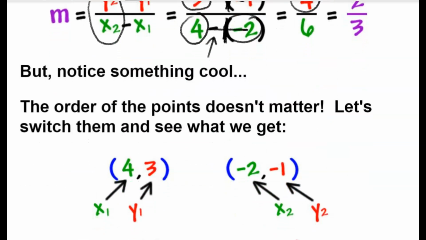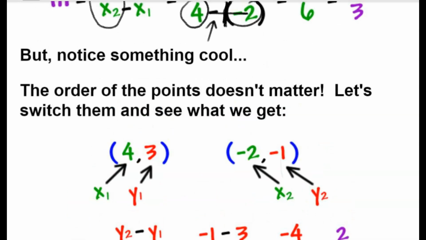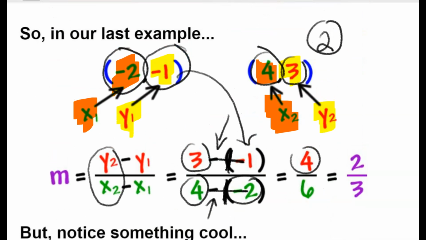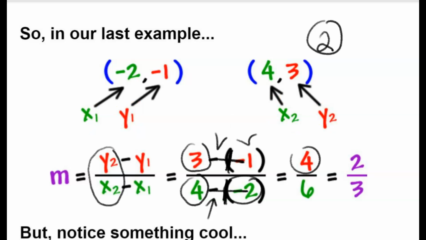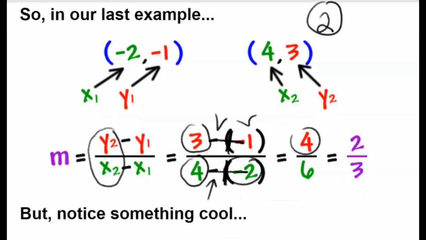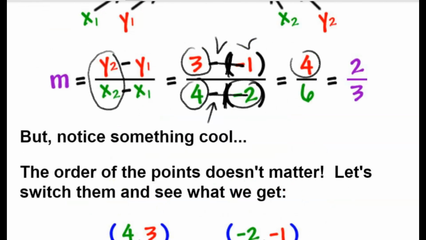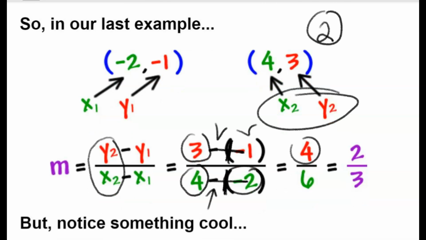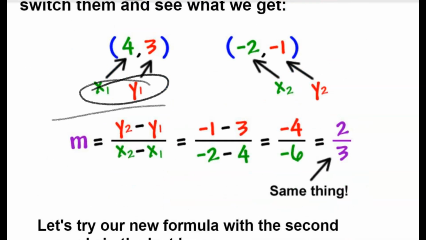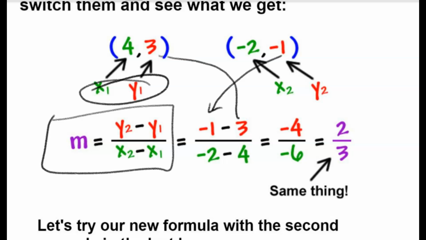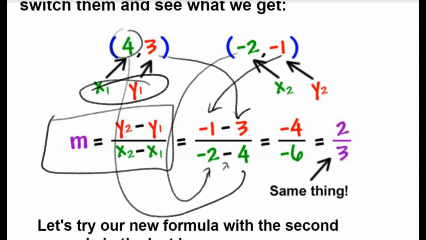But notice something cool: the order of the points doesn't matter. Let's switch them and see what we get. They put negative 2, negative 1, and then 4, 3. What if they put 4, 3 and called this my first point? No big deal, the formula is still the same. This time I'm going to put this one first and subtract this one.